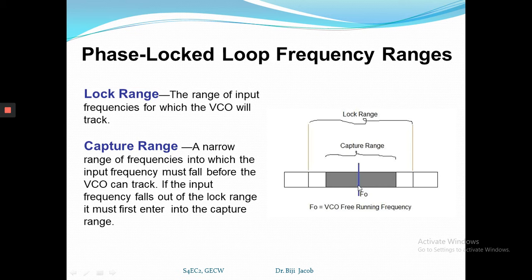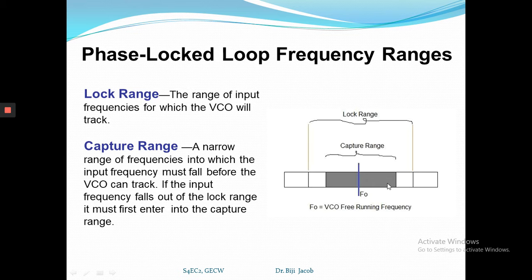The frequency range for which the PLL can acquire the lock condition is called the capture range. For example, if the free running frequency of the PLL is 100 megahertz, then the capture range may be 98 megahertz to 102 megahertz.